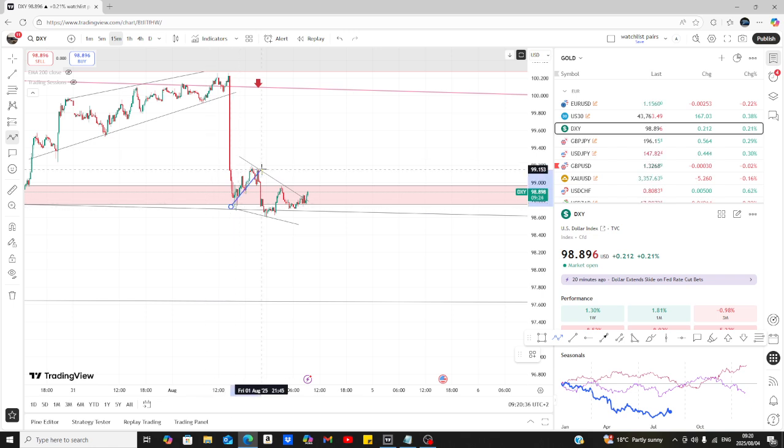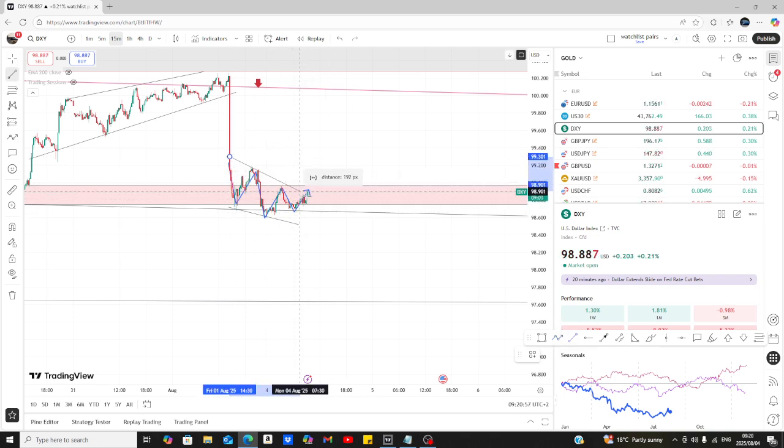It could even be classified as an inverse head and shoulder pattern. If I just remove this, you can see this looks like an inverse head and shoulder pattern right here, right?